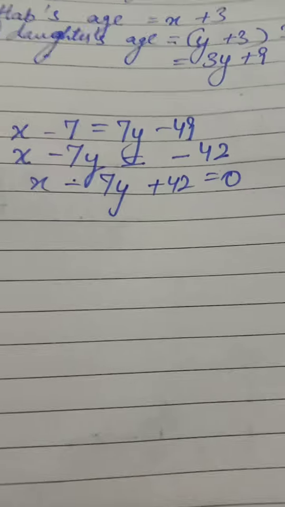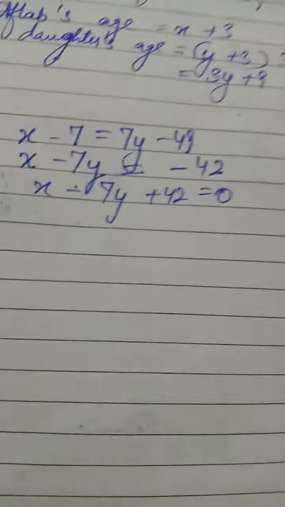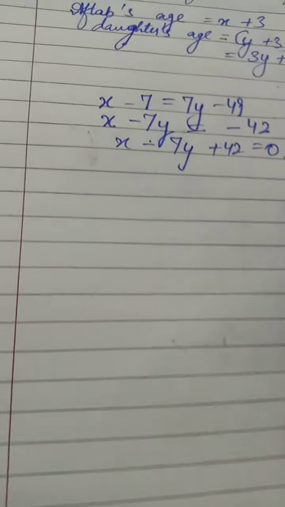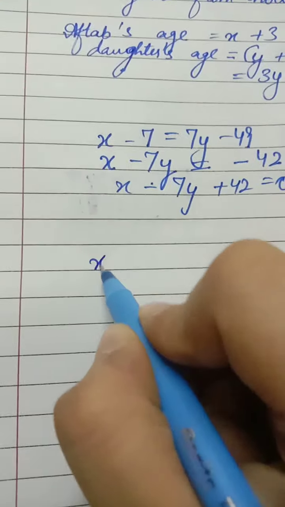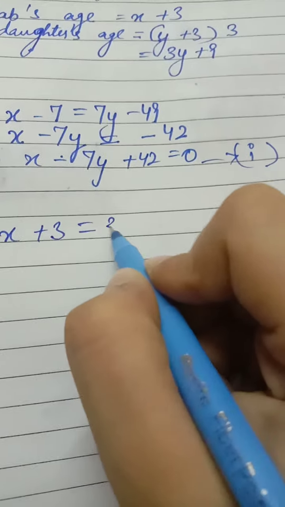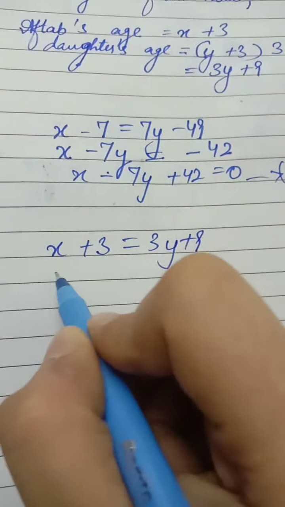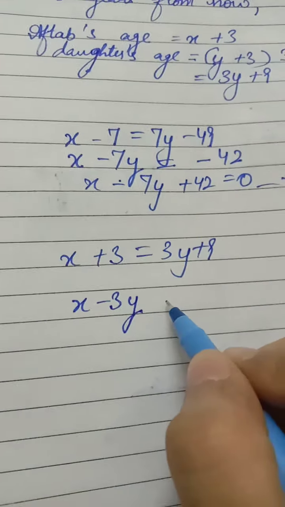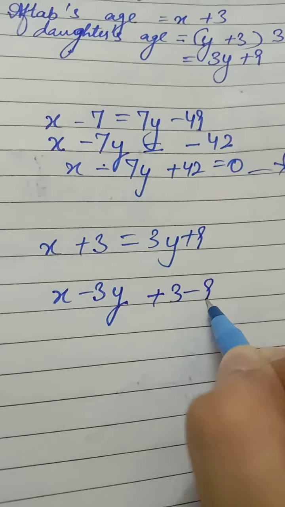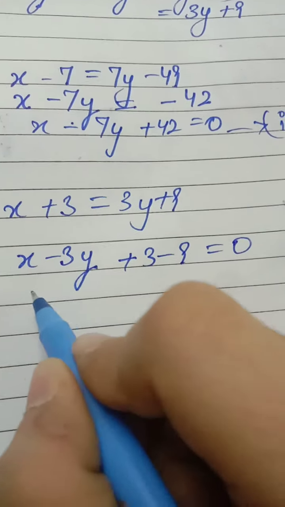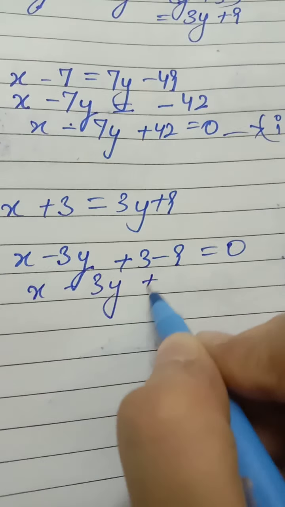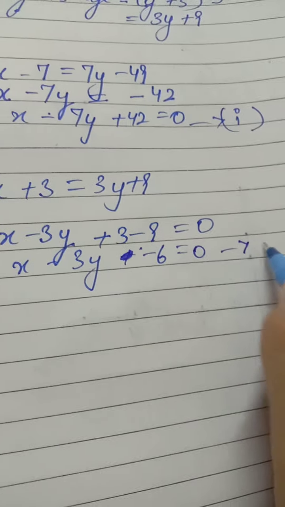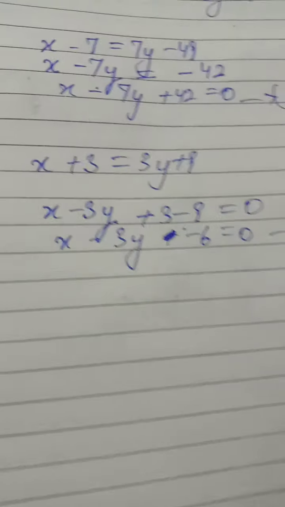This is our first equation. Then we have our second equation as x plus 3 is equal to 3y plus 9. So x minus 3y plus 3 minus 9 is equal to 0. X minus 3y minus 6 is equal to 0. This is our second equation.